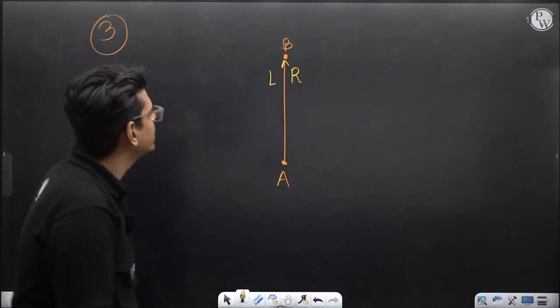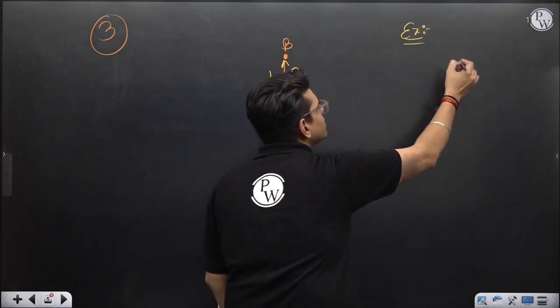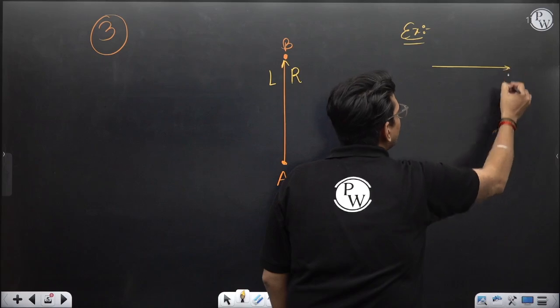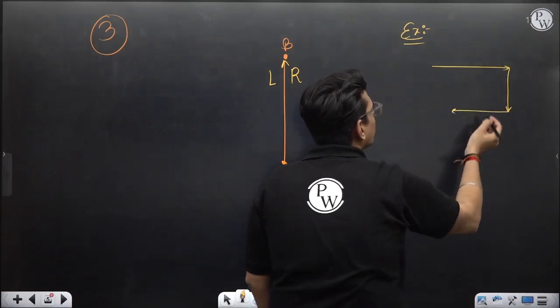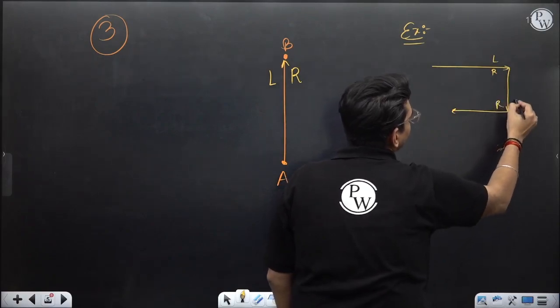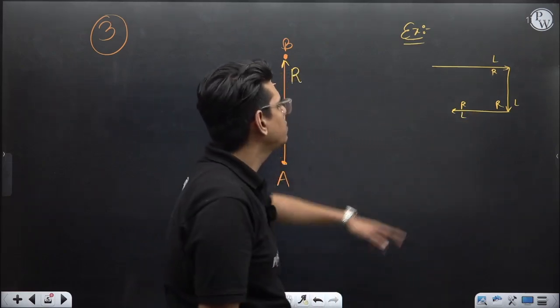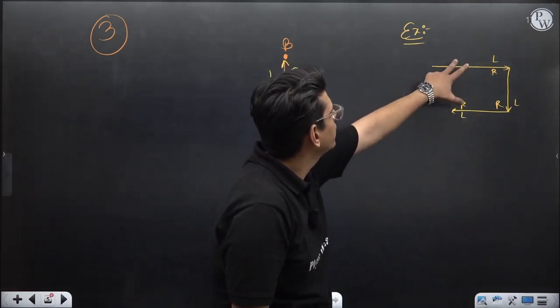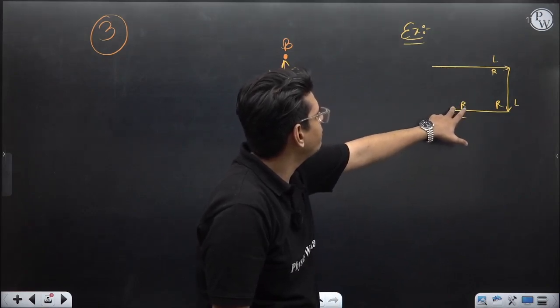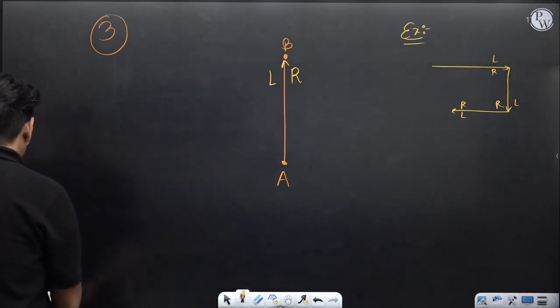For example, the movement of a person is like this, then this. Always right here, left here. So if the next move is right, you should go towards this direction. If the next move is left, you should go downwards, right? Okay, this is it.